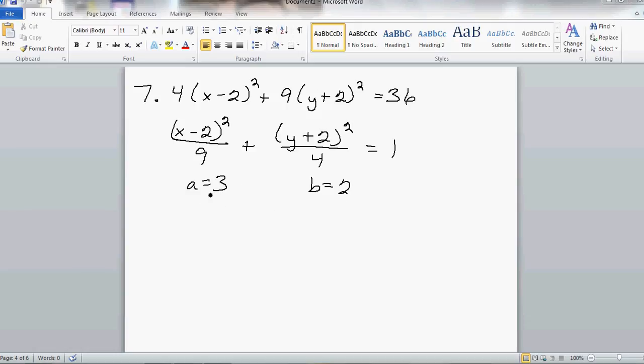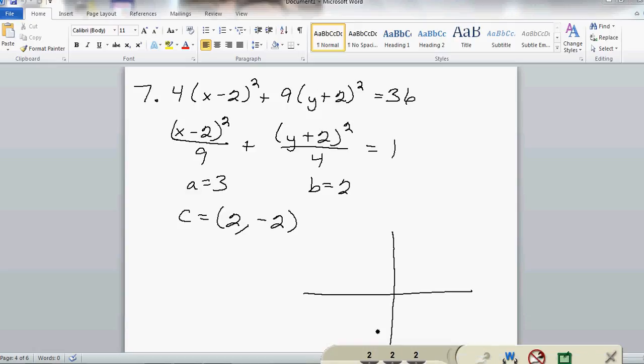I need to know A, I need to know B, and I need to know the center. So the only thing left is the center. Well, the center here, x minus the x value, so x minus 2, and y plus 2 means the y value is negative 2. So I am now ready to graph it because I have A, B, and I know the center. So the center is at 2, negative 2.